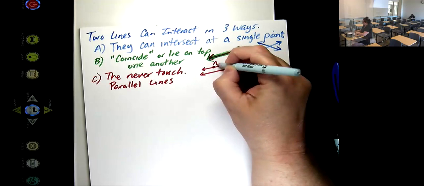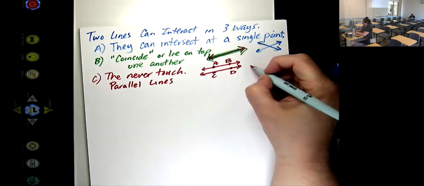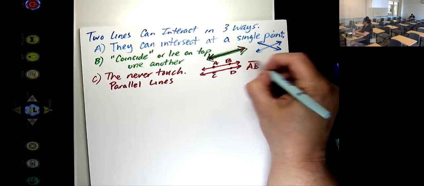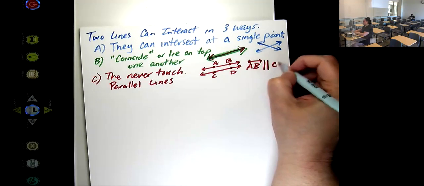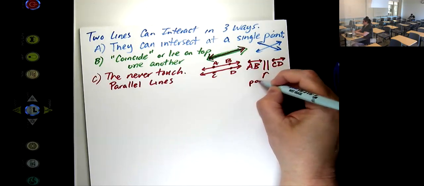And if this is line AB and this is line CD, we say line AB is parallel to CD. That's the parallel sign.